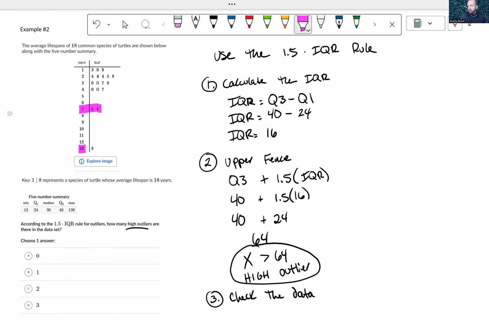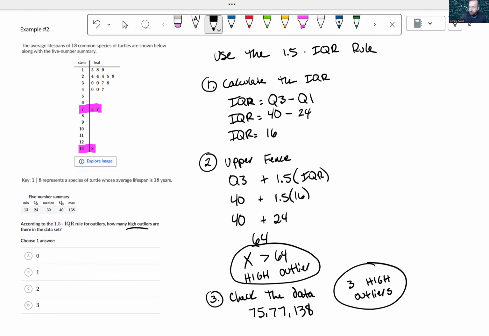And then there's one more data point, 13 in the tens column and an 8 in the ones column. That's 138. So from the data, I see that there's 75, 77, and 138. That tells us that there are 3 high outliers. So our answer is going to be D for this one.